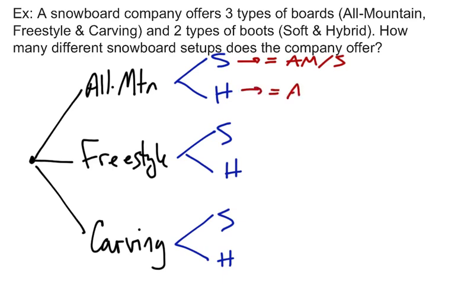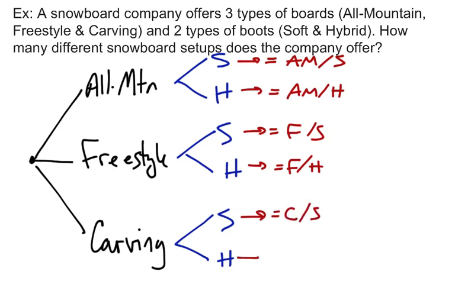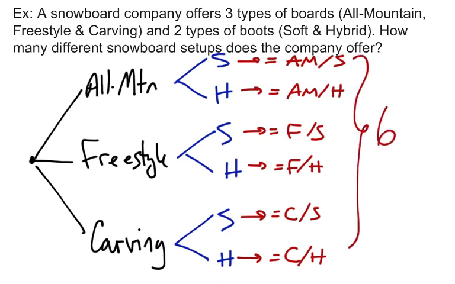This one says all-mountain board with hybrid boots. And obviously, freestyle and soft boots. Freestyle board, hybrid boots. Carving board, soft boots. Carving board, hybrid boots. All together we see that there are 6 different outcomes.